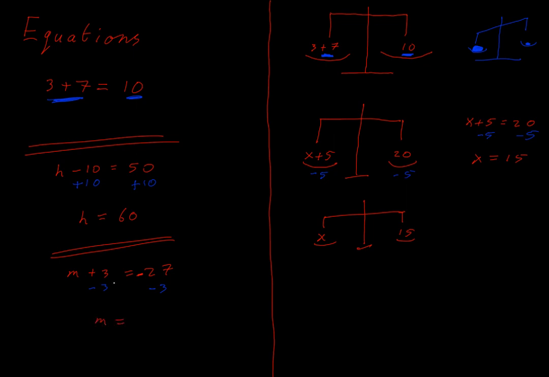So when I do that, I have m plus 3 minus 3, so plus 3 minus 3 adds up to 0, so I'm just left with m on the left hand side, and on the right hand side I have minus 27 minus 3, so I end up at minus 30. And remember, the way we do these questions is using our number line, so picture the number line in your head. And those are the skills that we need for starting off our work in equations.